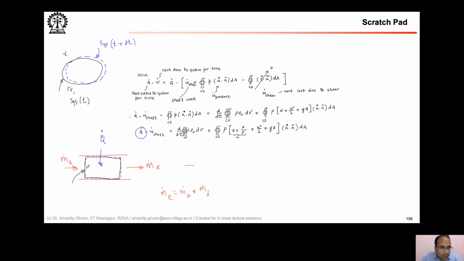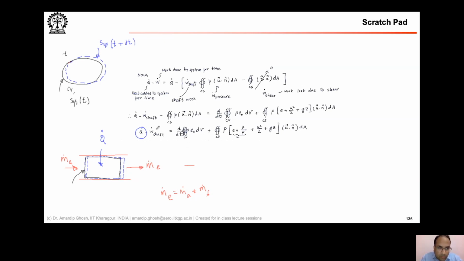And why are we doing that? Because the system is moving through the control volume. Your system initially was coinciding with the black lines. After some time dt, it has moved out like that.